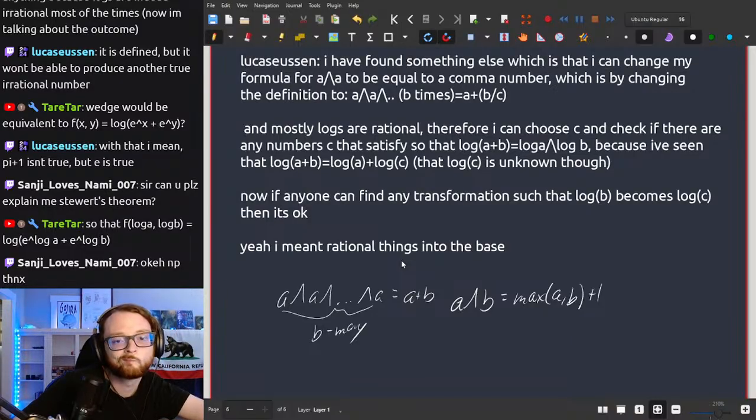I don't know how you would go about trying to find a C that would make that true, or if one even exists.